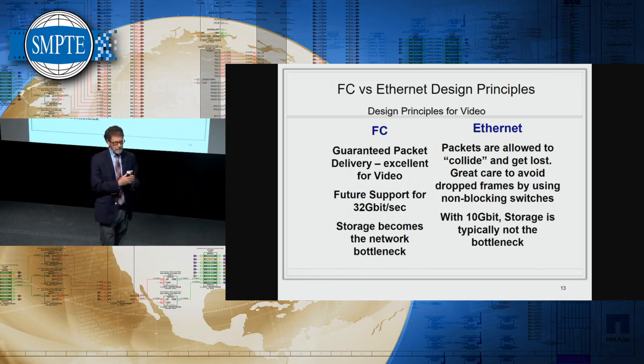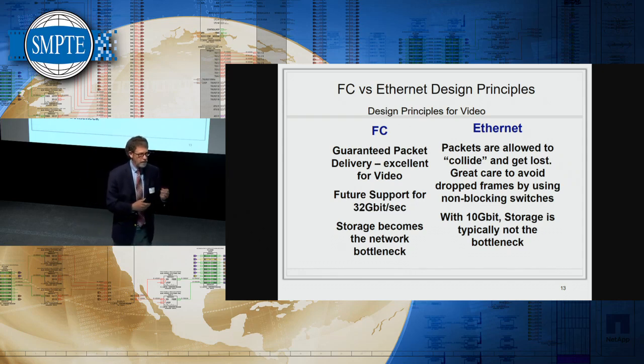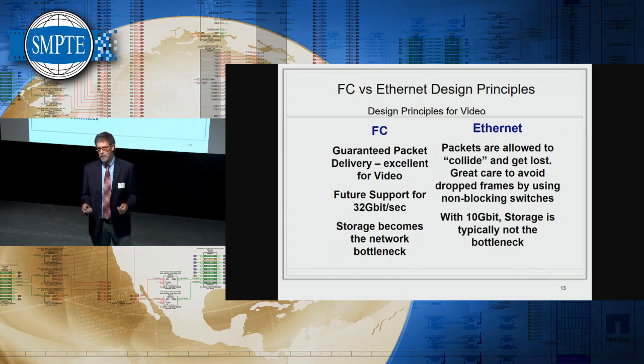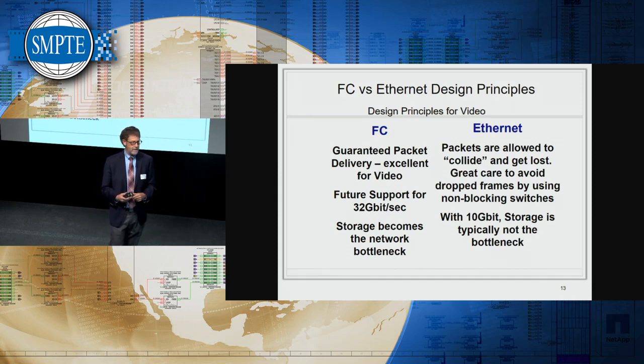And the great thing about it for video editing is, in network design, one of the things you go for is you want things to be deterministic. You want to know, when I ask for a block of data, how long is it going to take to get here? And if you think about it, that's not such a hard concept. What happens if it doesn't do that?